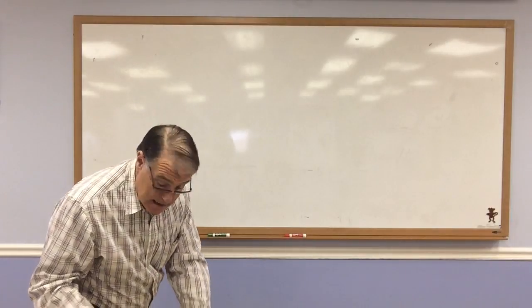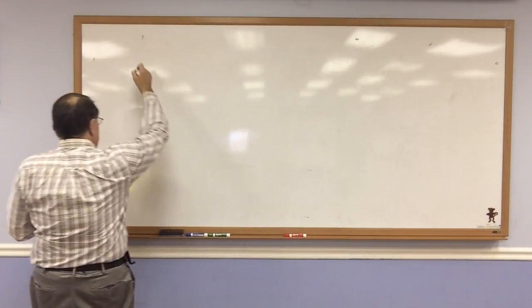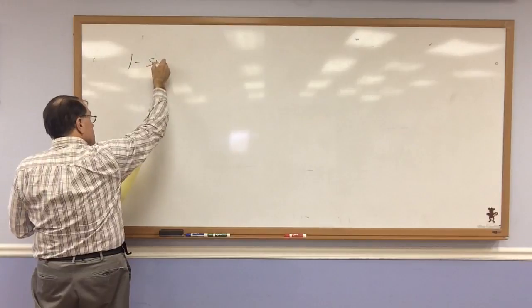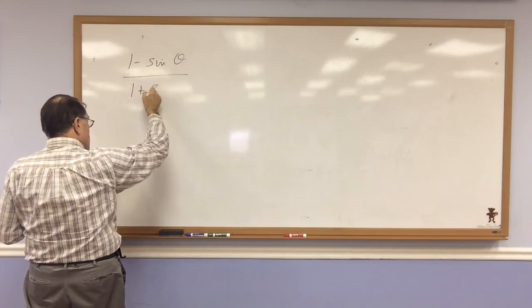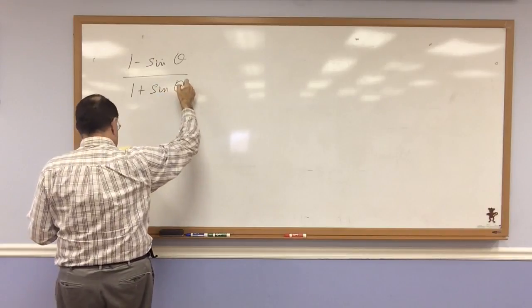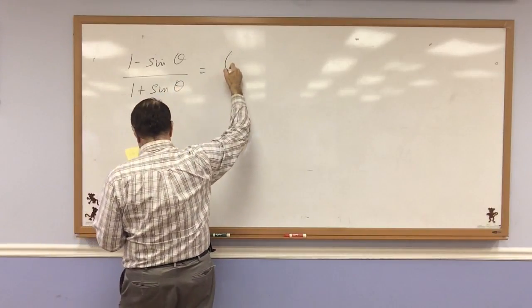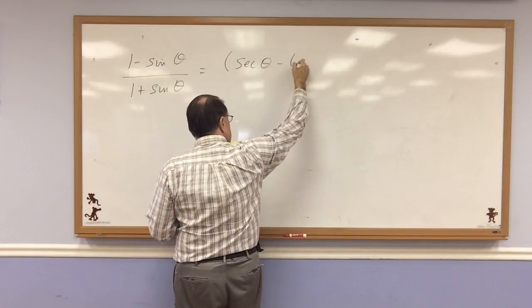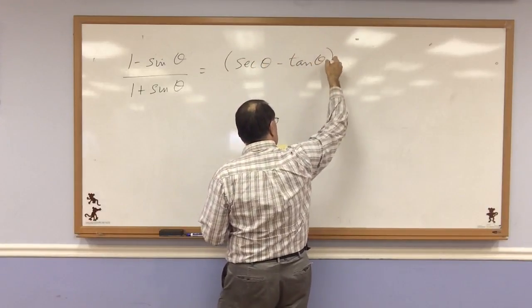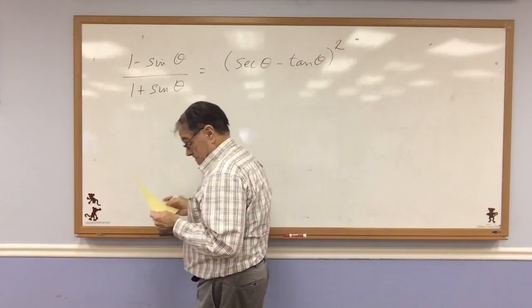Now, in the second example, I'm going to take 1 minus sine theta divided by 1 plus sine theta, and I would like to prove it is equal to secant theta minus tangent theta, quantity squared.